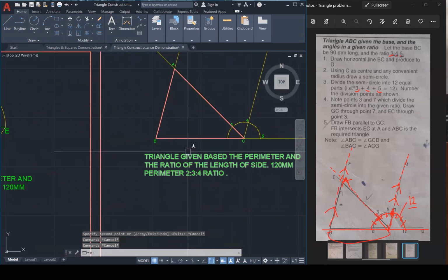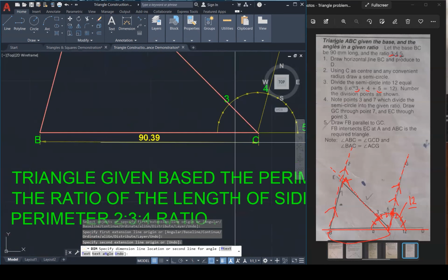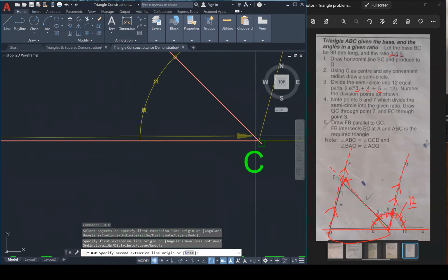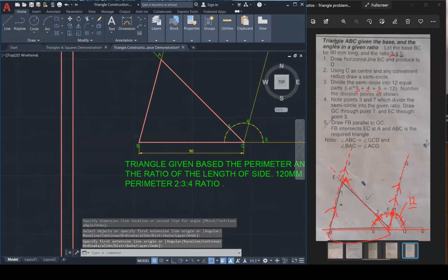And I'm going to place a dimension on here. There's 90. Remember that? There's 90. Yep.